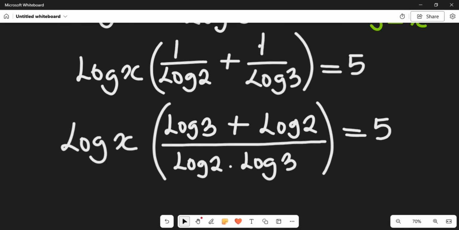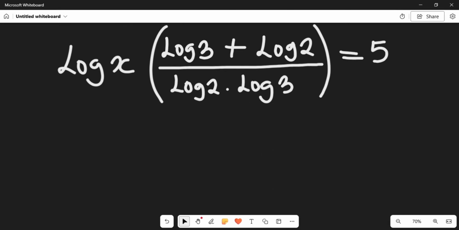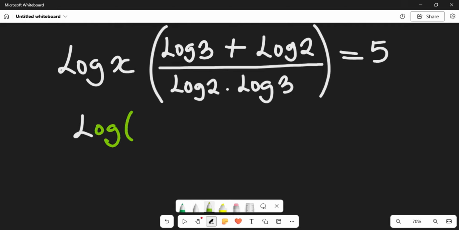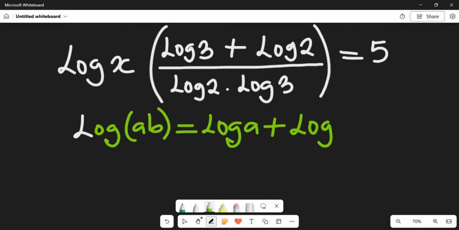Great. Now you see we have reduced that expression. Now I want you to flash your mind back to the product rule of logarithm. If you remember, the log of AB can simply be equal to the log of A plus the log of B, and that is the product rule.